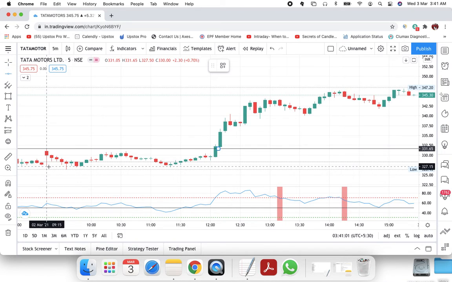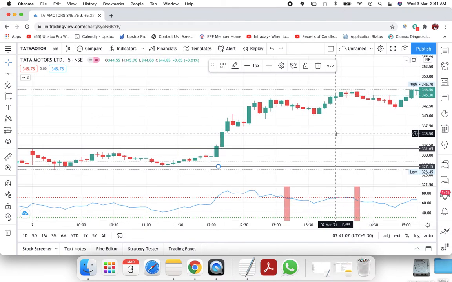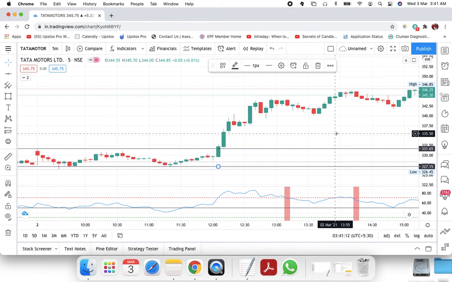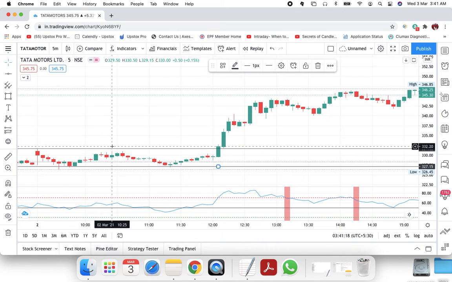and then, if you see, the price is traveling inside the tight range, down, up, down, up. So till 12 o'clock, from 9:15 to 12 o'clock, it was in a tight range.